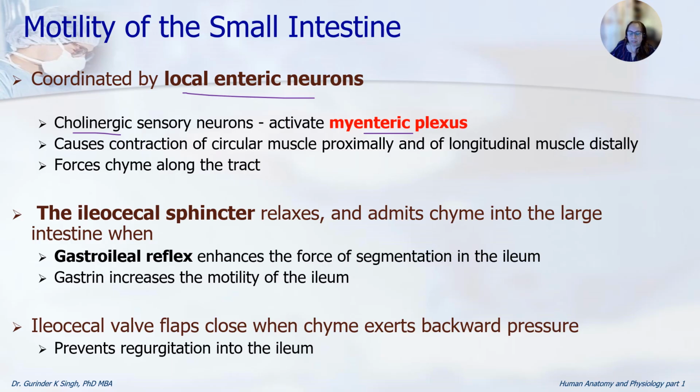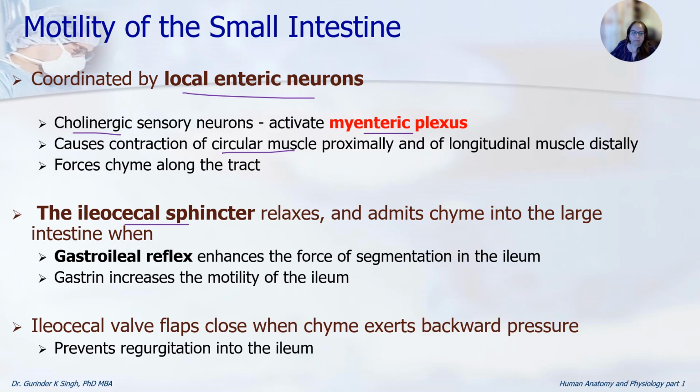When these neurons fire, they enhance the contraction of the circular muscles proximally, and of the longitudinal muscles distally. Then they force the chyme along the tract, and they also relax the ileocecal sphincter, which admits the chyme into the large intestine.